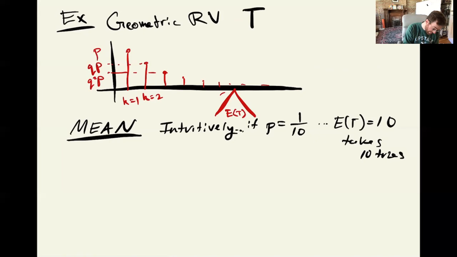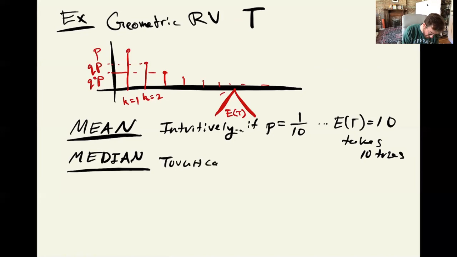But what about my median? Well, this is sort of a tough calculation. But in the last lecture, we did this sort of gambler's rule where we said, how many times do I need to try to guarantee that my first success occurred before that try number 50% of the time?